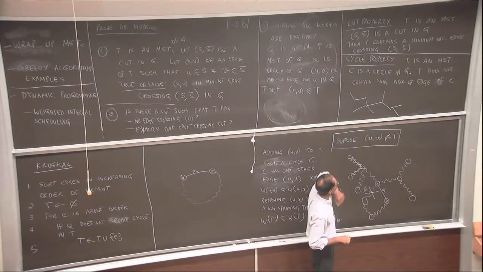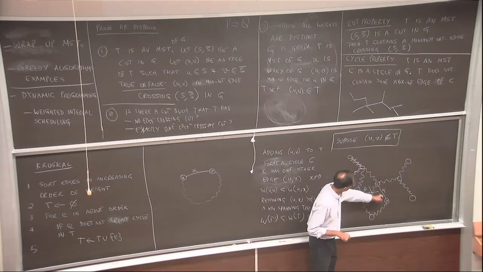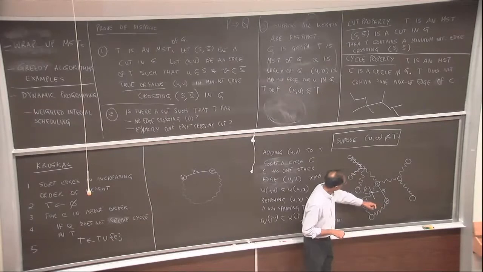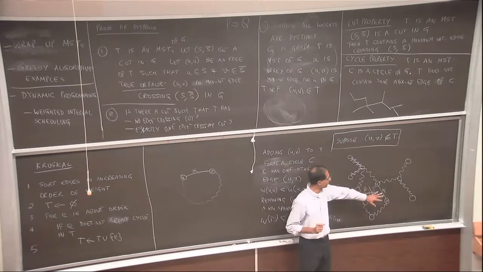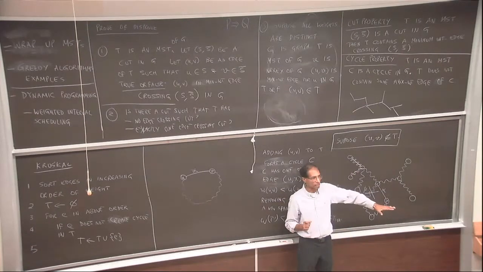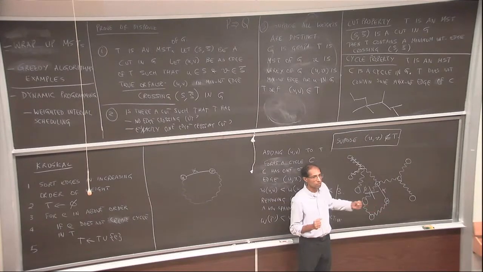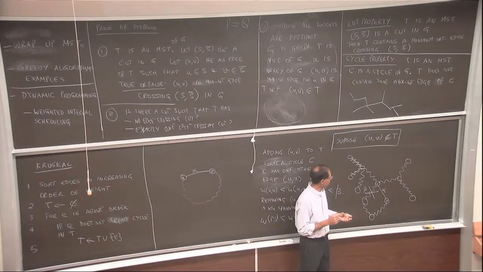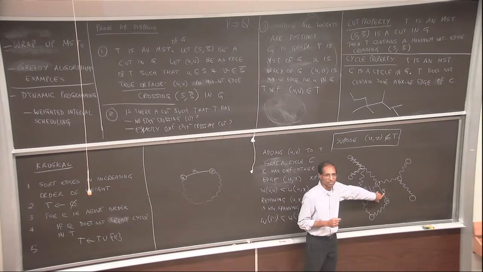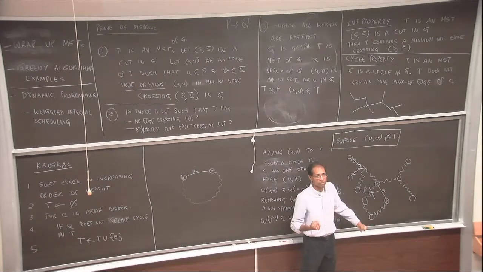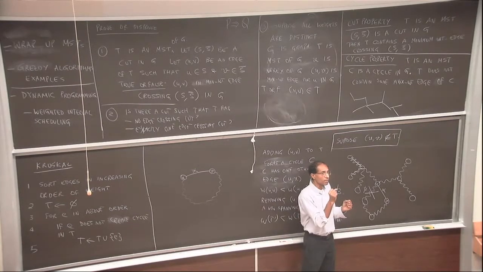The cycle property says that when you add this edge here, it forms a cycle. Ideally, which edge should you remove from the cycle? The maximum weight edge. So you could say, I'm going to remove the maximum weight edge. But then you'll have to argue that that maximum weight edge is not alpha itself. What's the point? You just added alpha, and if you remove the maximum weight edge and it is alpha again, then you're done. So you'll have to show that there is some other edge that is bigger than alpha.